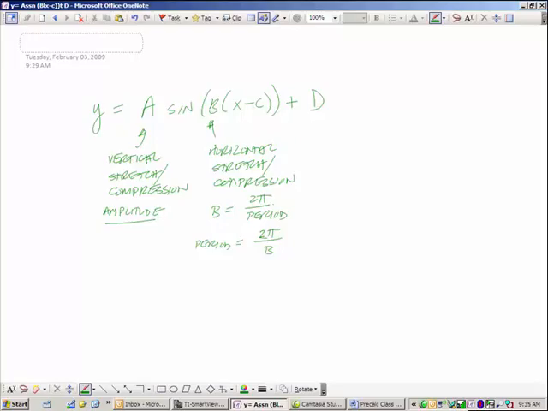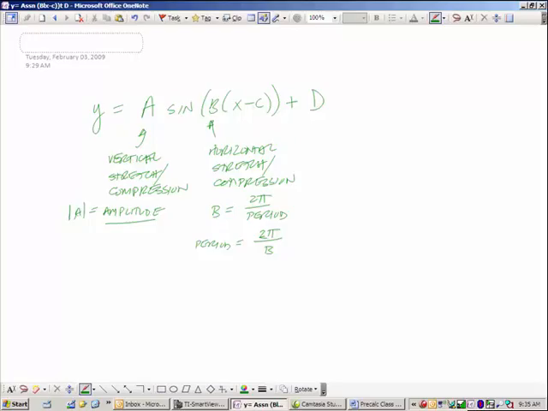Okay. I think I should just say this. We always say the absolute value of A is the amplitude. And I don't think I've mentioned that before. If you have a -2 in front of the sine function, we wouldn't say the amplitude's -2. We say the amplitude is 2. The amplitude's always a positive number.